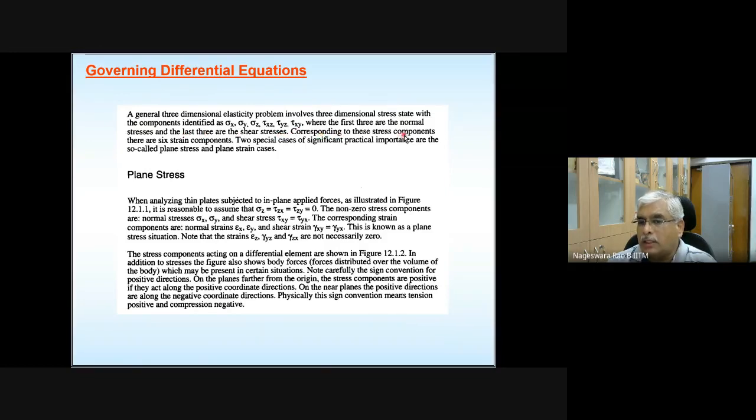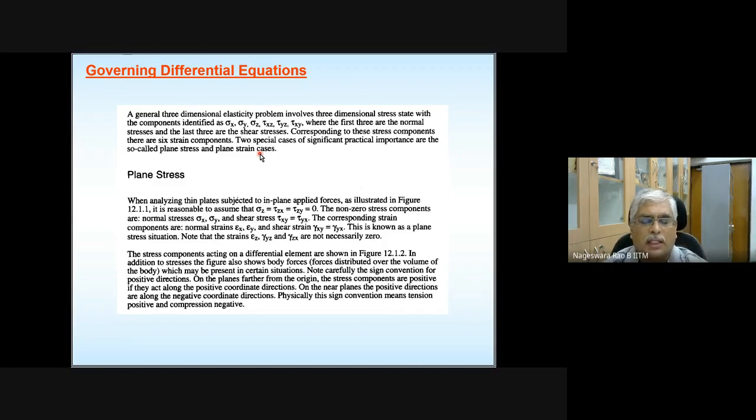Corresponding to these stress components, there are 6 strain components. Two special cases of significant practical importance are the plane stress and plane strain cases. So for a three-dimensional elasticity problem, you are going to have 6 independent stress components, out of which 3 are normal and 3 are shear. Corresponding to these stresses, you are going to have strains.